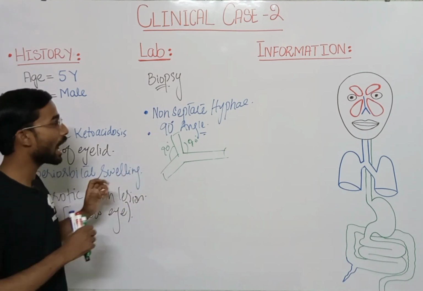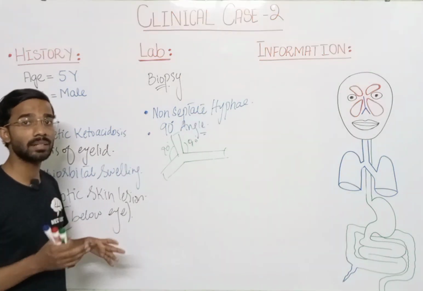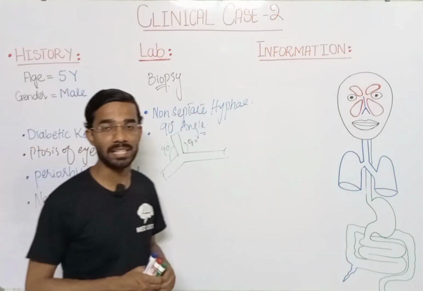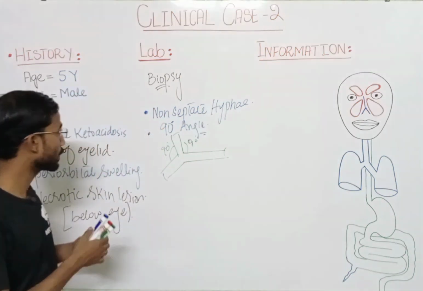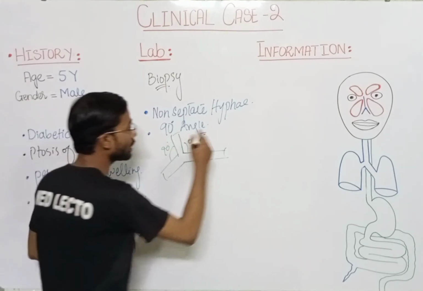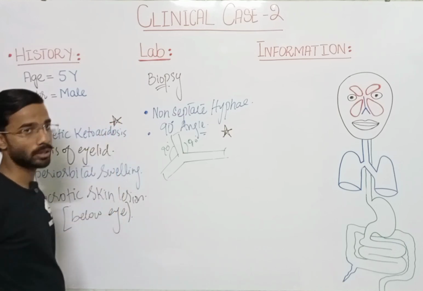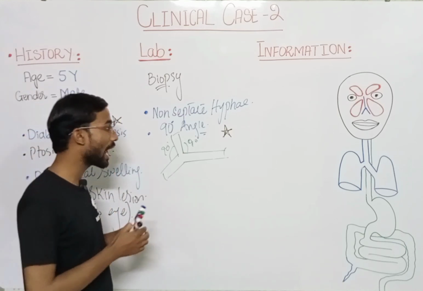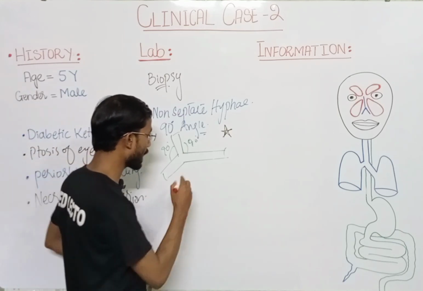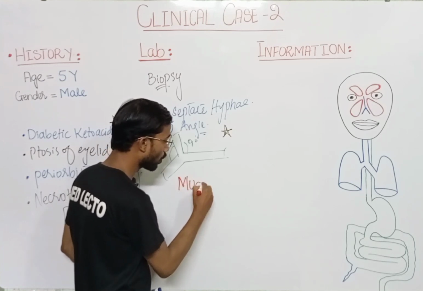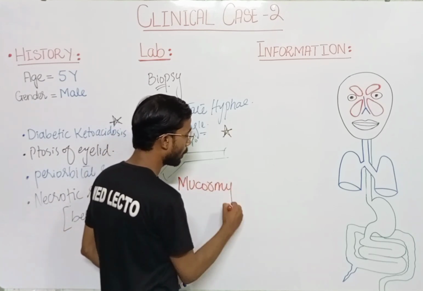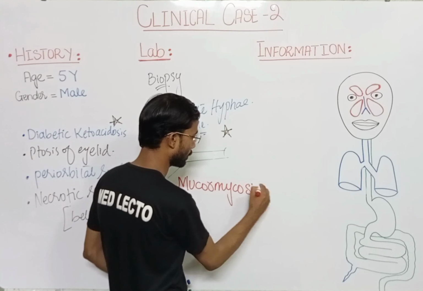Now after that, what disease does the patient actually have? The patient has two things: this finding and diabetic ketoacidosis. Then I say that the patient has mucormycosis.